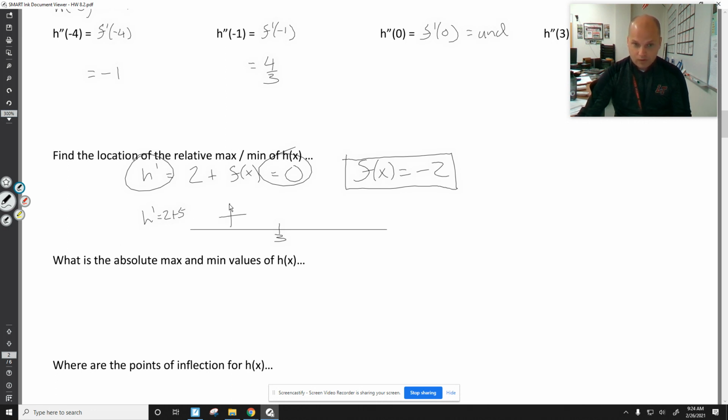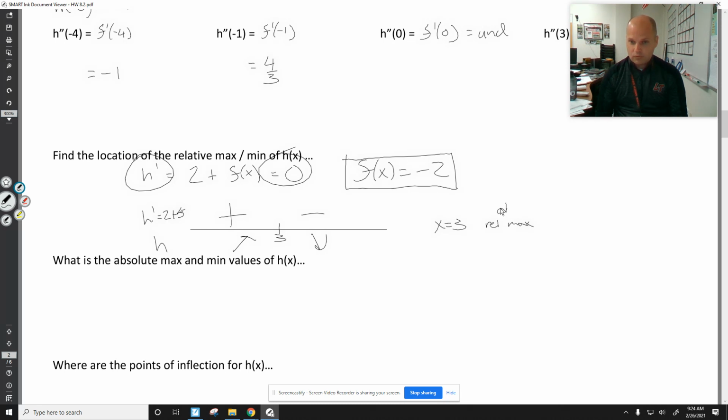It's above y equals negative 2 until 3, which means h prime, the 2 plus f, is positive, and then it is negative after. That means h, which is 2x plus the accumulated area, is increasing until 3 and then decreasing after 3. X equals 3 is our only max.